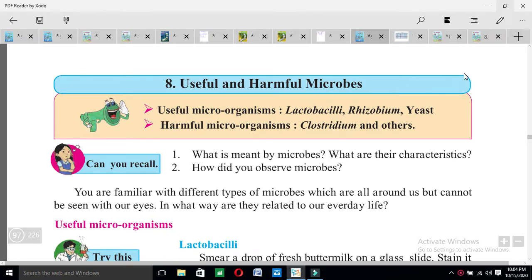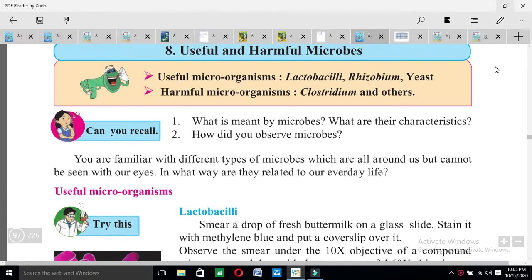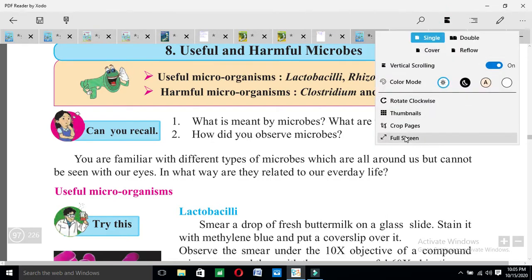In each lesson we try to understand useful microorganisms, that is the lactobacilli, ribosium, yeast, and harmful microorganisms, that is the clostridium and other microorganisms which are harmful to our daily life.